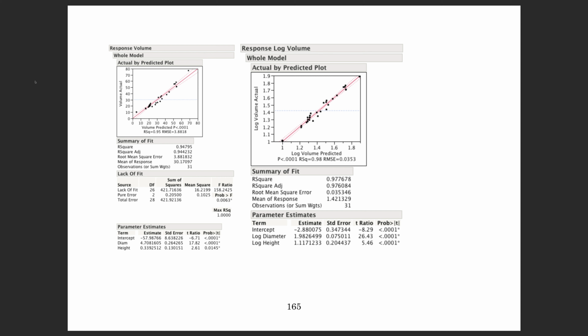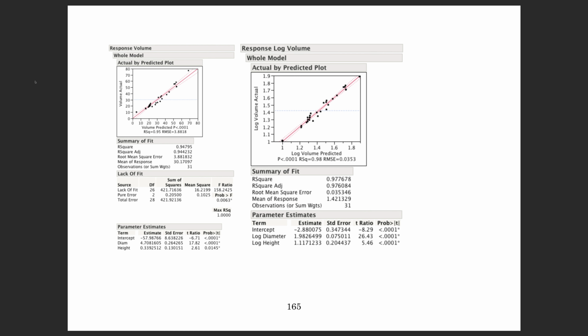So on the left-hand side, we have the original model, which just has in it diameter and height as covariates. And you'll see the adjusted R squared is about 94%. In fact, if you look at the plot of the data, you'll see the plot doesn't look too good. There's a little bit of curvature in that plot.